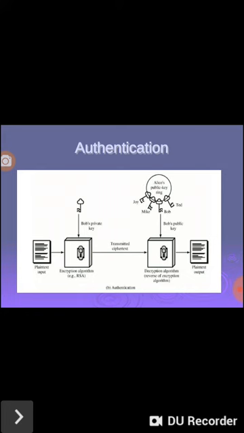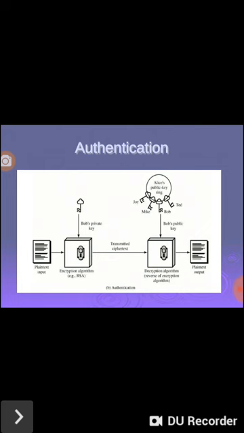Here you can see again we have Bob as a sender and Alice as a receiver. Now suppose whenever Bob is going to send the message to Alice, at that time Bob is going to encrypt the message by using Bob's private key.